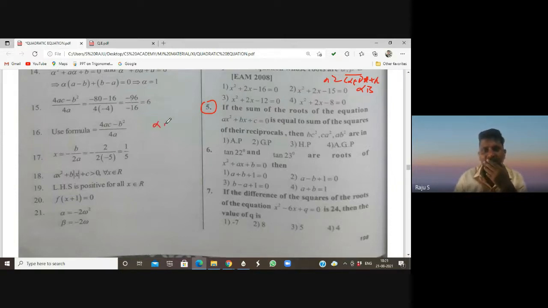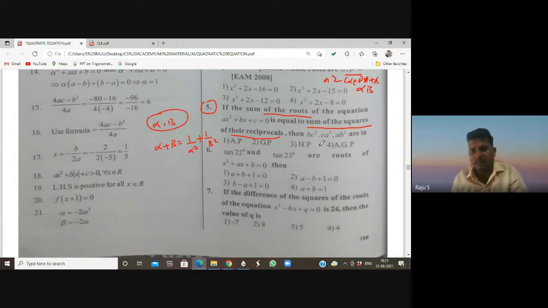If I take alpha, beta as the roots, the sum of the roots of the quadratic equation is equal to the sum of the squares of its reciprocals. Am I right? Sum of the roots equal to the sum of the squares of their reciprocals. If I take alpha, beta as the roots, this is the condition.